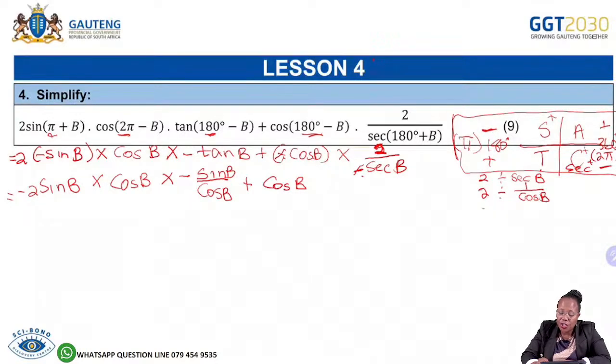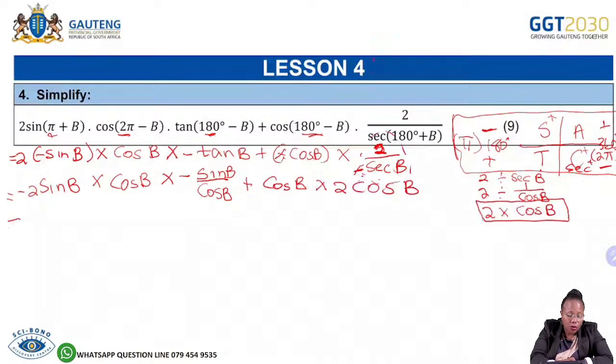So if we change this to multiplication, it will be 2 times cos B over 1, which is cos B. So can you see that we will end up with 2 cos B for the whole expression there.